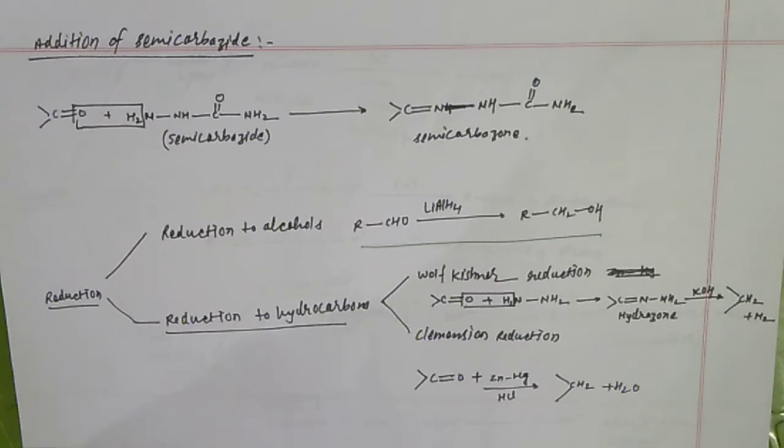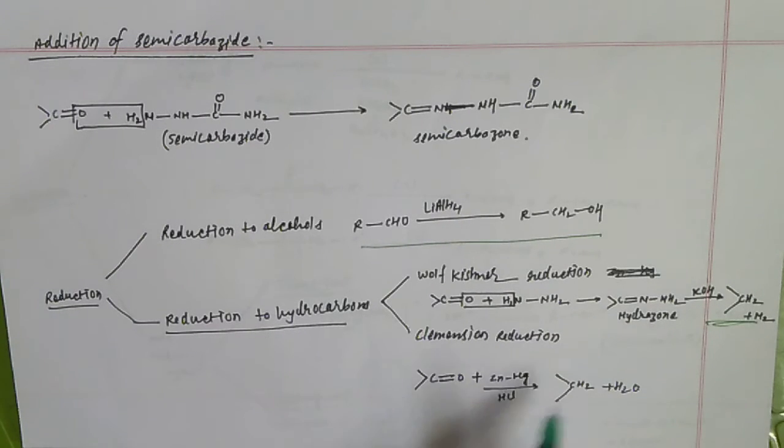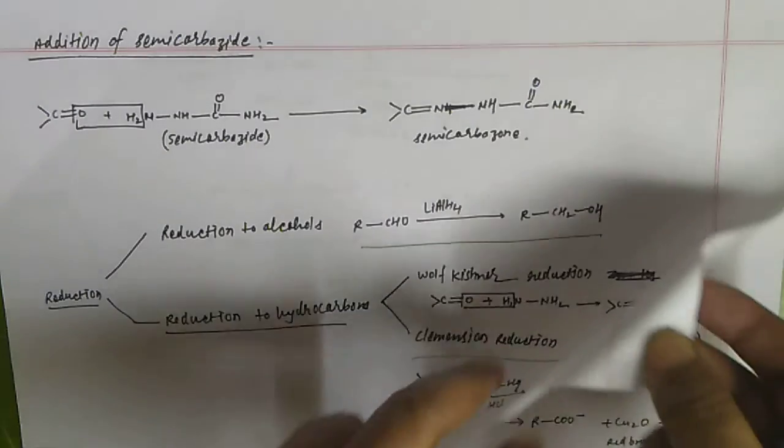In the Wolff-Kishner reaction you take hydrazine, and treating the carbonyl compound with it directly gives the hydrocarbon. In the case of Clemmensen reduction, when you treat the carbonyl compound with zinc amalgam, it will also give the alkane, that is, the hydrocarbon.